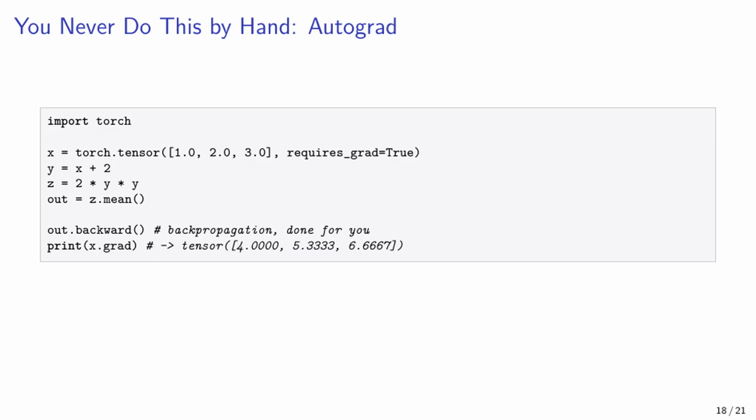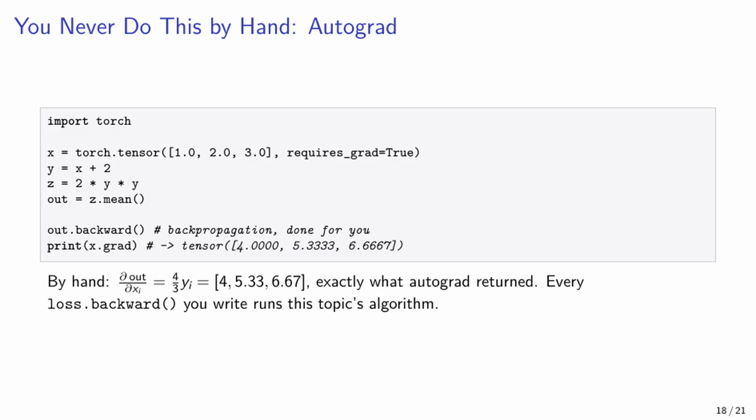And here is the happy ending. You never actually write these derivatives yourself. Deep learning libraries record every operation of the forward pass and run the backward pass for you. In PyTorch, this is autograd. So set requires_grad to true, compute a result, call .backward, and the gradients appear in x.grad.